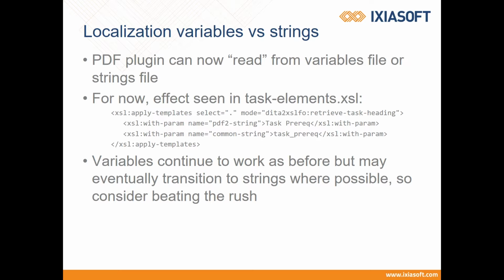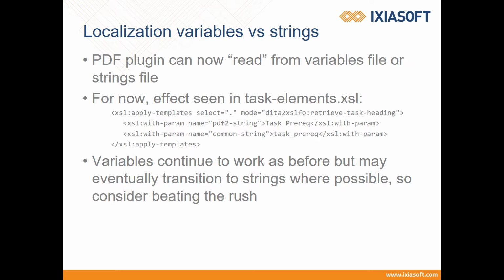For all of the task sections, context, prereq, postreq, etc., you'll see some verbiage like in the middle bullet there, where it's set up to look first in the variables for a string named, for example, task prereq, and then secondly, to look in the string file for a string named task underscore prereq.